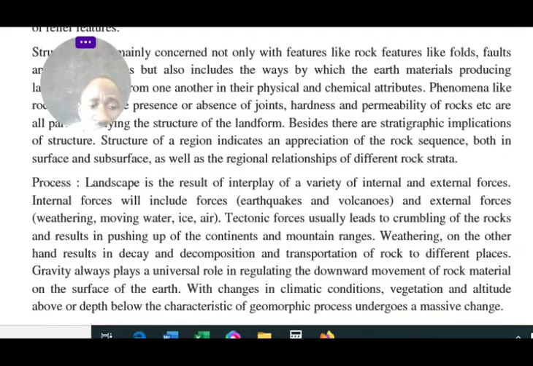With the process, we are looking at the landscape as a result of very many external and internal processes. For instance, the internal forces or processes will include earthquakes and volcanoes, and the external ones include processes like weathering, running water, ice and air.